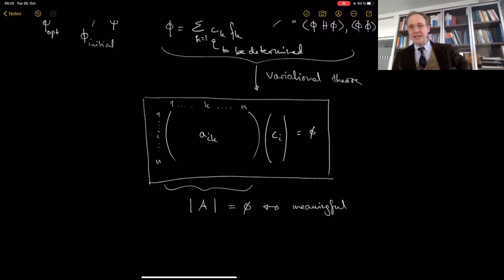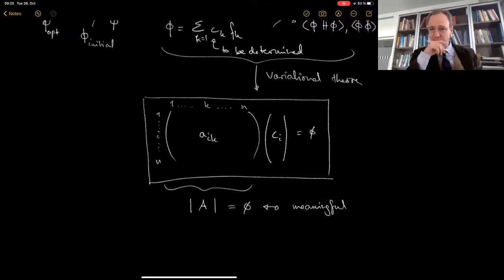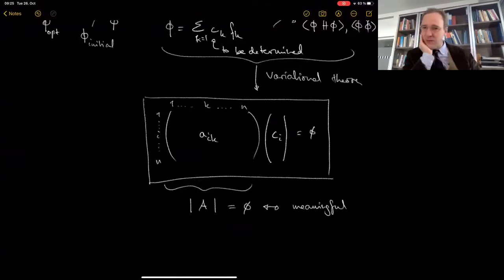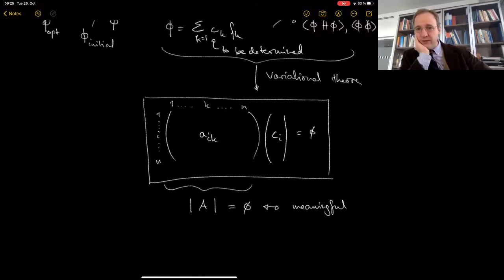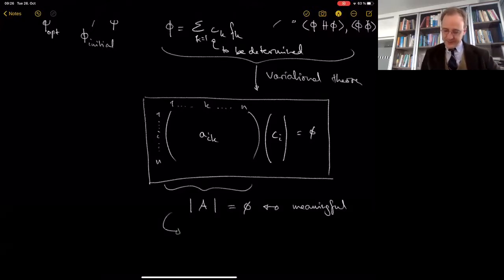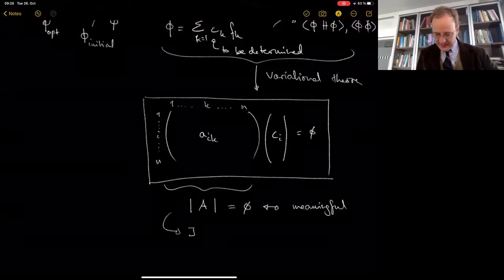Now this determinant, as you know, can be written as a polynomial, right? And if this polynomial must be equal to 0, then you can search for the roots of this polynomial. The degree of the polynomial corresponds to the size of your matrix. So if you have an n by n matrix, the degree of the polynomial coming from your determinant is going to be n. So in other words, there are n roots.